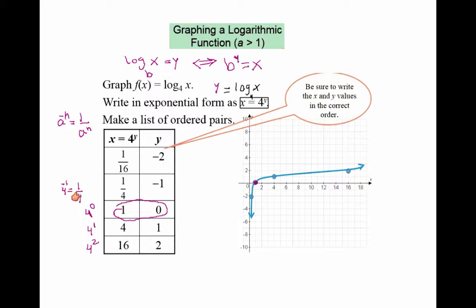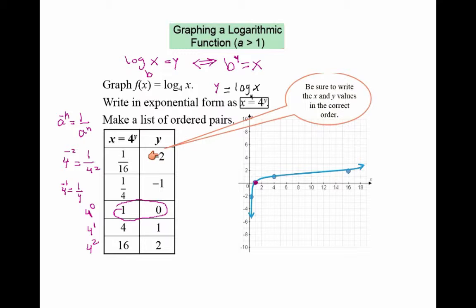Or 4 to the power of -1 is equal to 1/4. And if y is equal to -2, x would be equal to 4 to the power of -2, which is equal to 1 over 4 squared, which is 1 over 16. As you see, this curve gets closer and closer to 0.